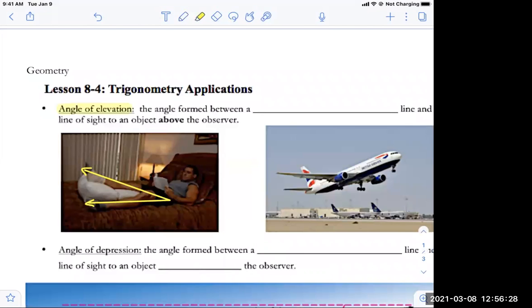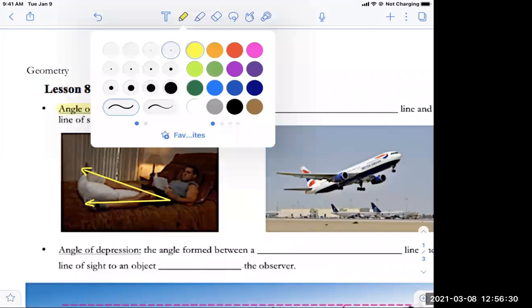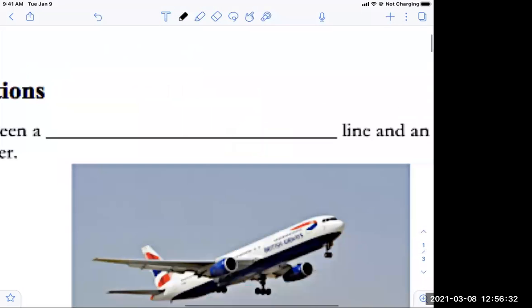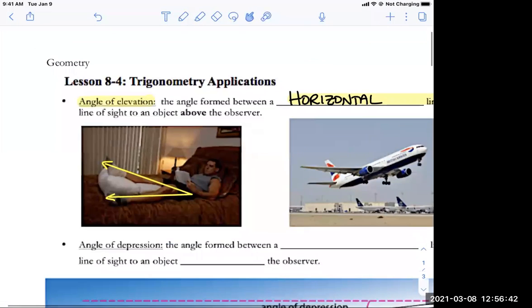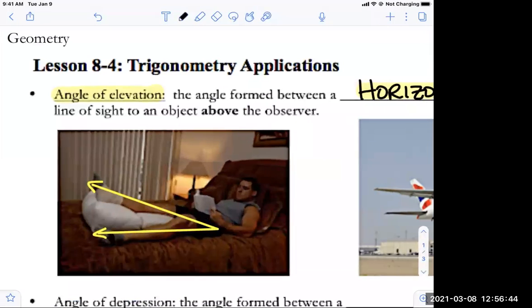Angle of elevation is the angle formed between a horizontal line, always from the horizontal, and an observer's line of sight to an object above the observer.